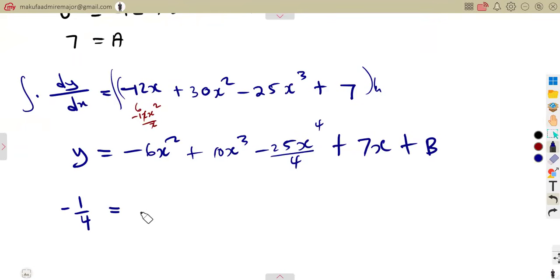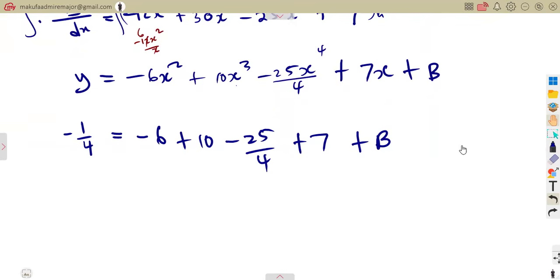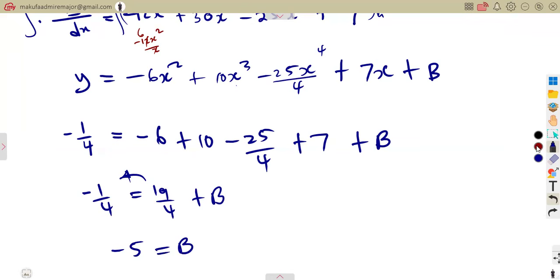So meaning to say this was going to be minus 6, 1 here plus 10, minus 25 over 4 plus 7 plus b. So you can solve for b. Take all the terms, that was going to be 19 over 4. Minus 1 over 4 is equal to 19 over 4 plus b. Then you take it to the other side, it becomes negative. So it is going to be minus 5 at the end is equal to b.